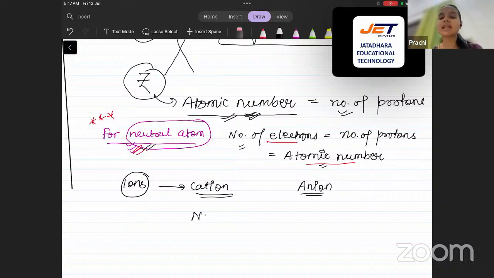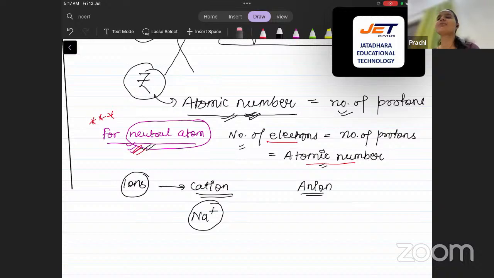For example, Na positive, right? Can you tell me what will be the number of electrons in Na positive? Quickly, in this class we will be doing small calculations, like addition and subtraction. So sit with your pen and copy, do the calculation very quickly, and write your answer in the chat.